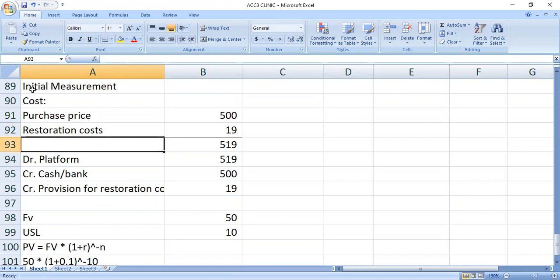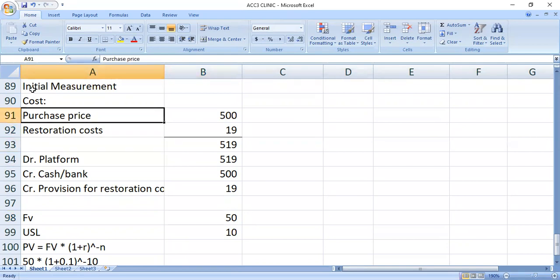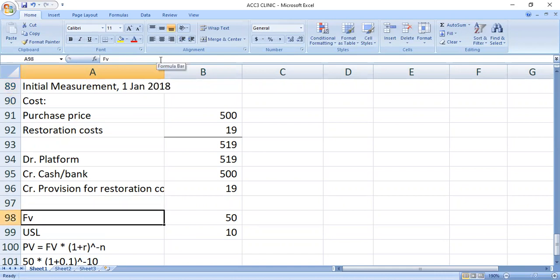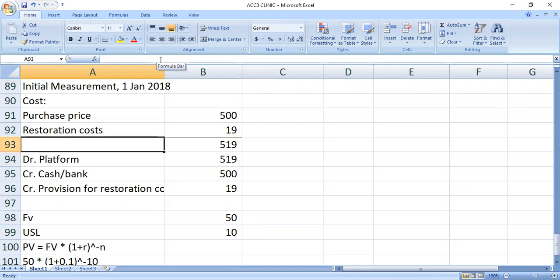So this is the initial, where you have incurred the costs to obtain the rights and therefore have the asset at 1st January 2018. Now, subsequently, what happens is that these costs keep changing, specifically for the asset.